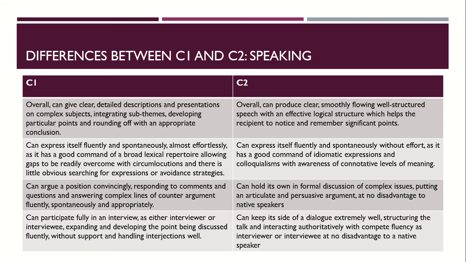Also can express itself fluently and spontaneously, almost effortlessly, as it has a good command of a broad lexical repertoire, allowing gaps to be readily overcome with circumlocutions, and there is little obvious searching for expressions or avoidance strategies. Can argue a position convincingly, responding to comments and questions, and answering complex lines of counter argument fluently, spontaneously, and appropriately.